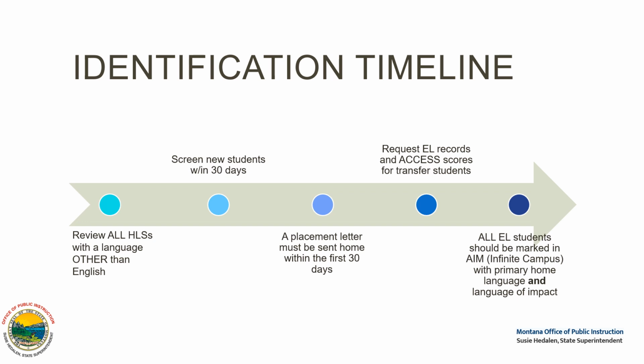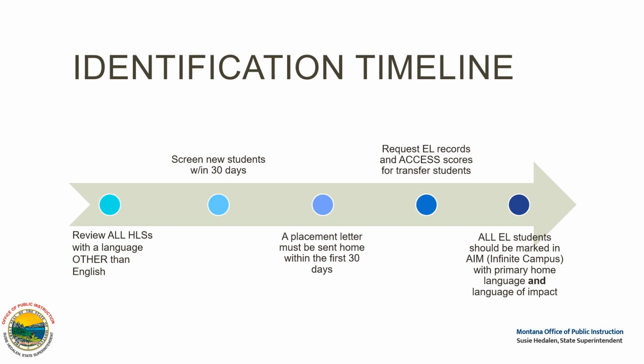And in those same 30 days, a placement letter and score report must be sent home to families to inform them of their child's placement. Are they initially fluent and not in need of bilingual or English services, English language services, or is the child an English learner according to the assessment?